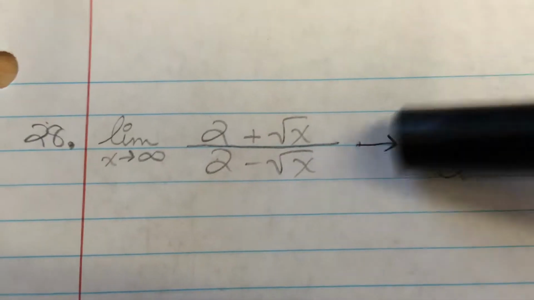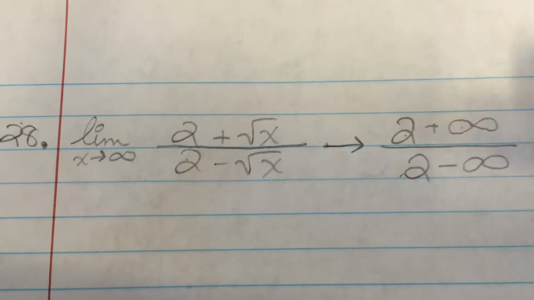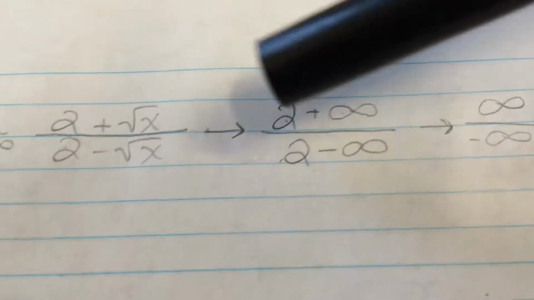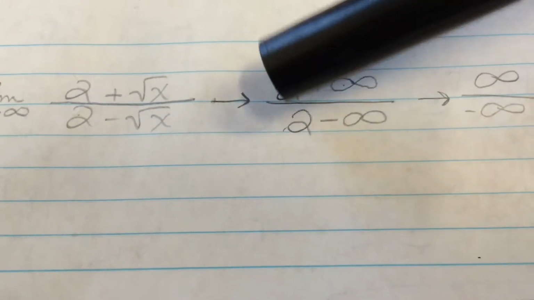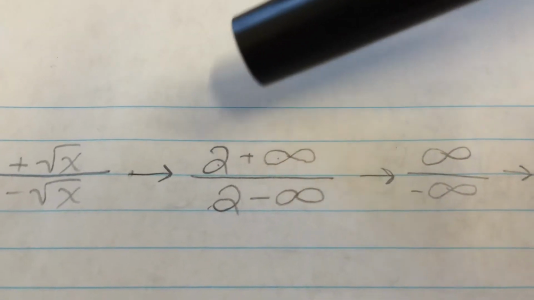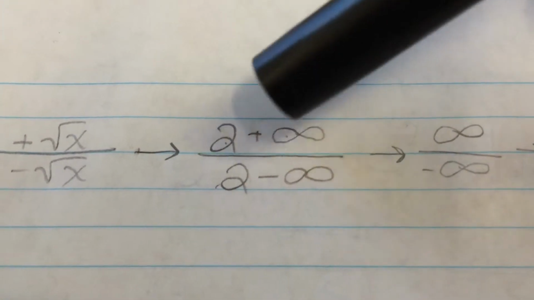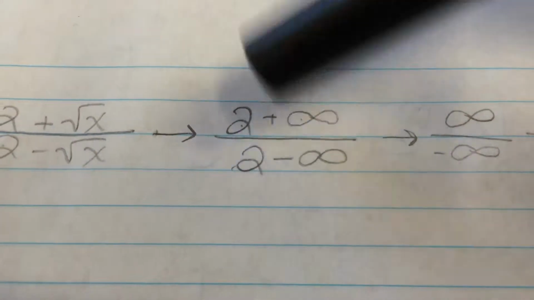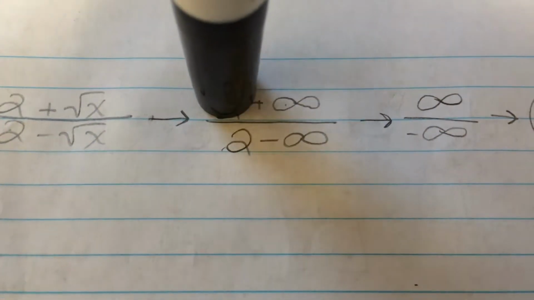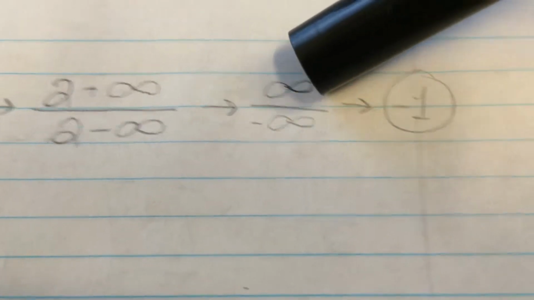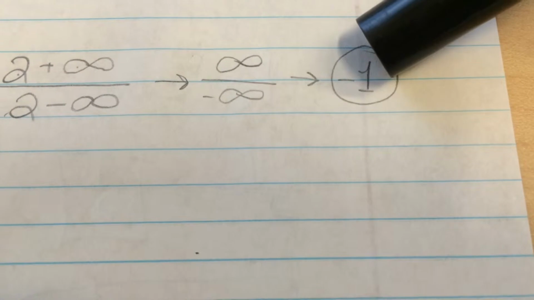If you plug in infinity into this, although infinity is not a number, you can see that 2 plus the square root of infinity over 2 minus the square root of infinity is the same as saying any number plus infinity is infinity. So we can cross these numbers out, and we can say infinity over negative infinity. And that is equal to negative 1, as you can see.